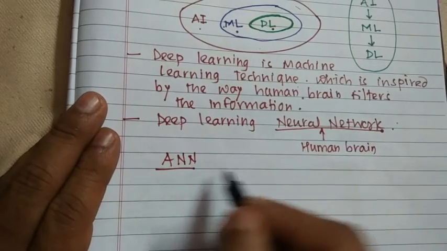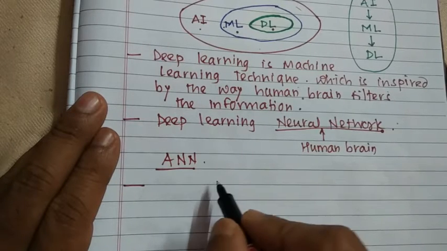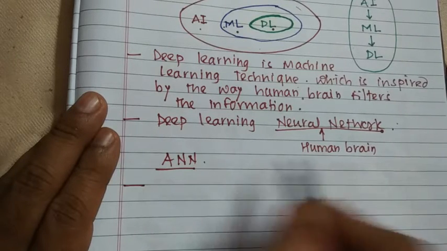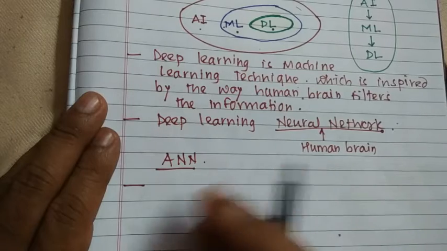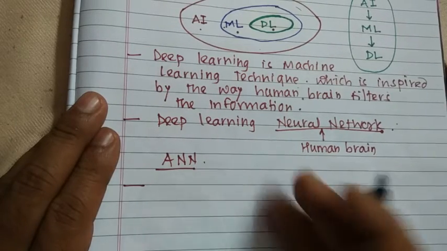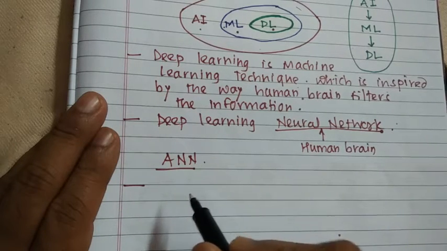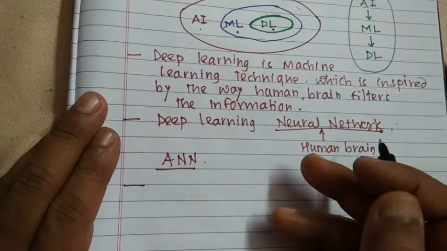Now in the human brain, billions of neurons are interconnected, and each neuron receives a signal, processes that signal, and passes this information to the other neuron.